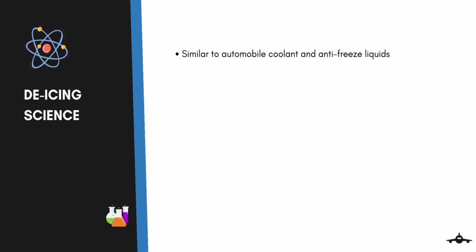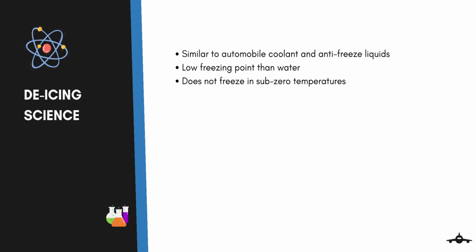This de-icing fluid is similar to automobile coolant and antifreeze liquids. These liquids have a lower freezing point than water. This is why when they are sprayed over the metal bodies of an aircraft, it does not freeze in sub-zero temperatures. These fluids typically consist of glycol water solutions containing a dye and an agent to protect the metal surfaces.